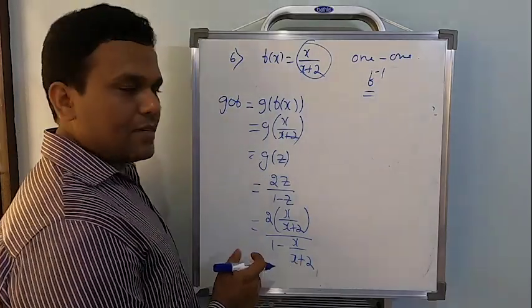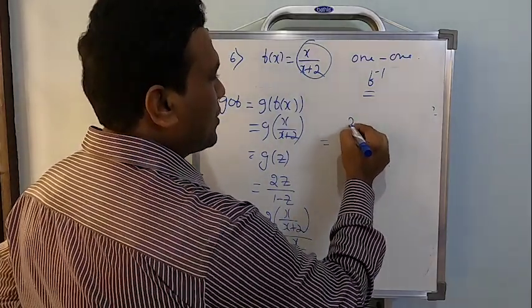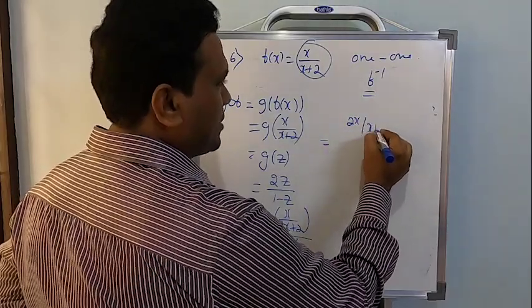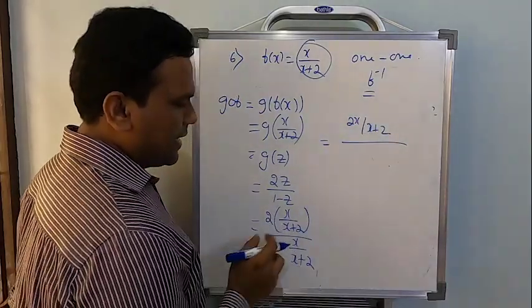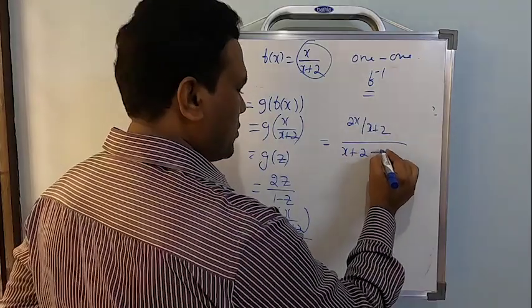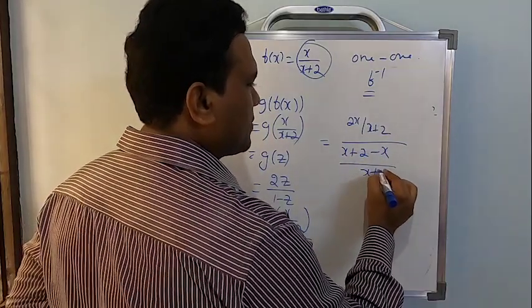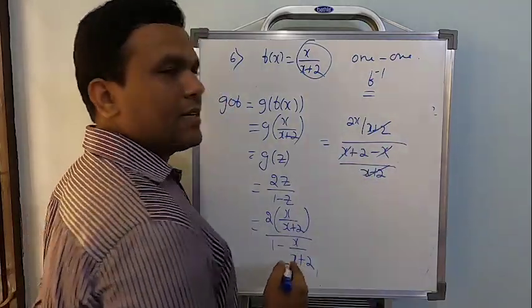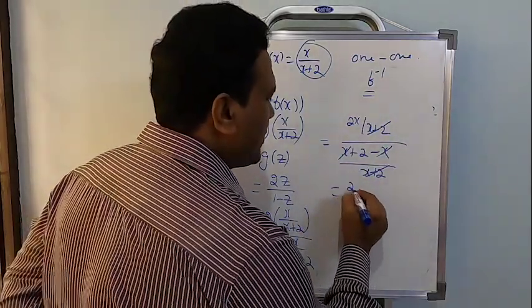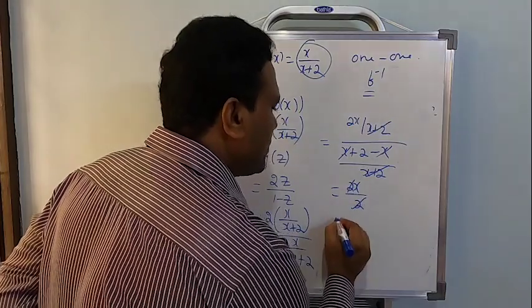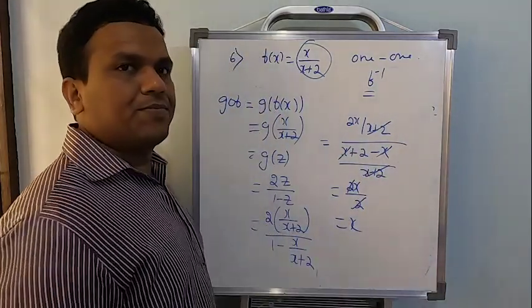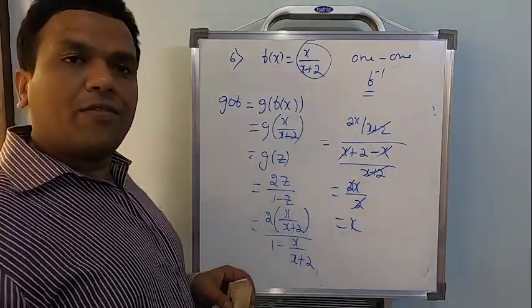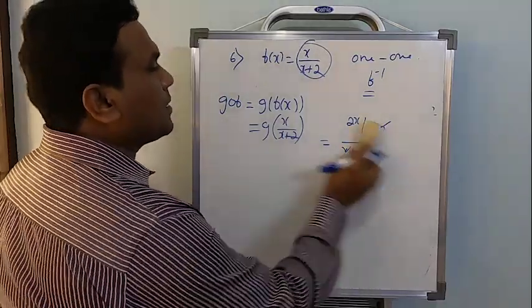So in the denominator take LCM. On taking LCM, 2x by x plus 2 divided by, x plus 2 minus x by x plus 2. X plus 2 will be cancelled, plus x minus x will be cancelled, the remaining will be 2x by 2, eliminate this also, right? So g of f will be equal to x.